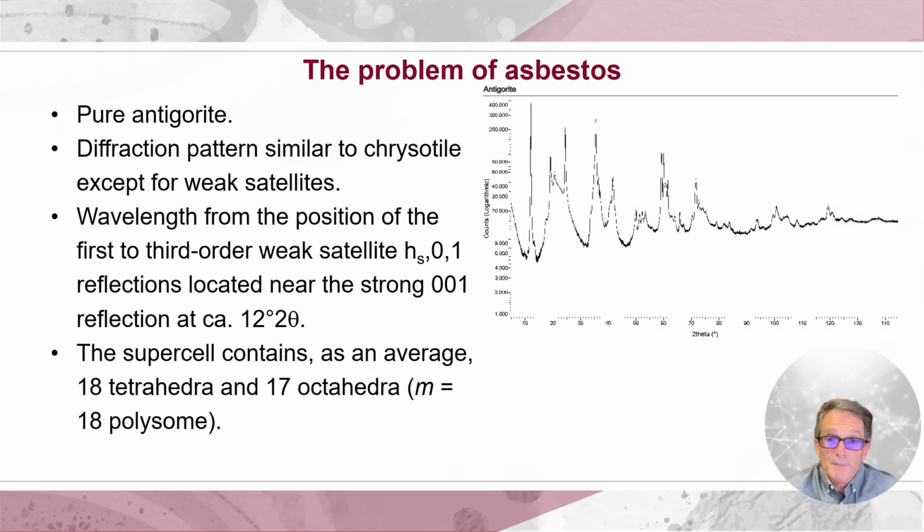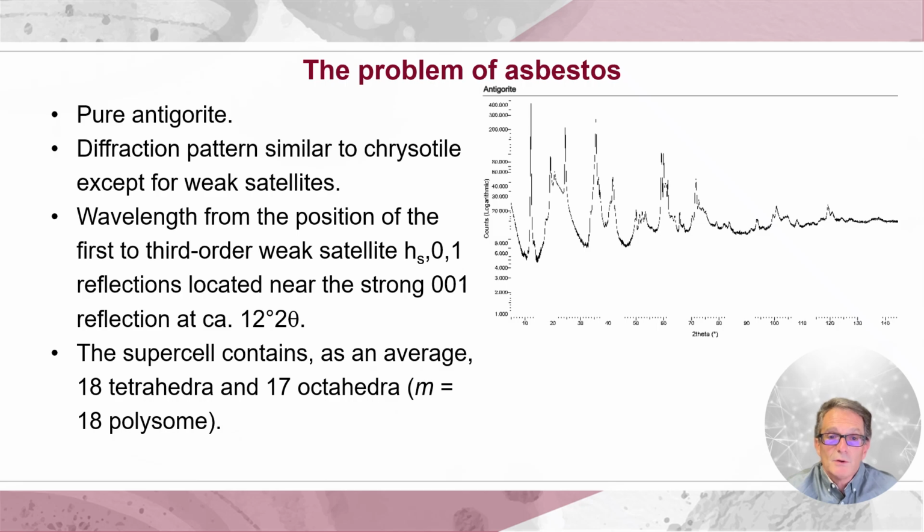The diffraction pattern corresponds to pure antigorite, as no reflections attributable to secondary phases were detected. The pattern closely resembled that of chrysotile, except for the presence of weak superstructural reflections, known as satellites, arising from the wavelength modulation.